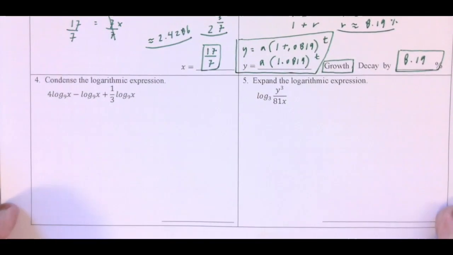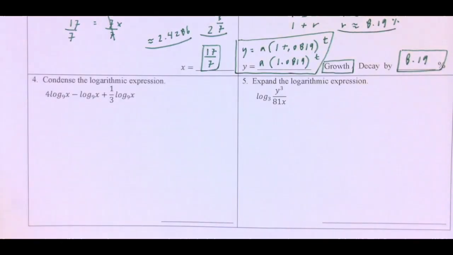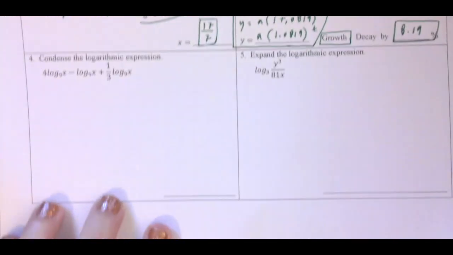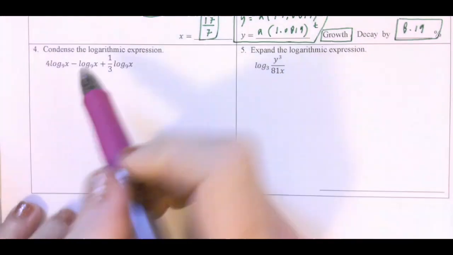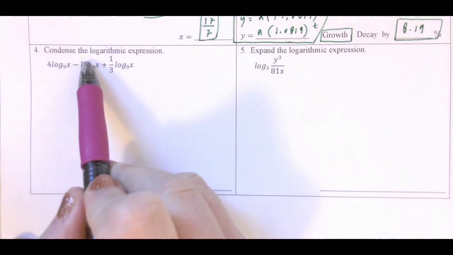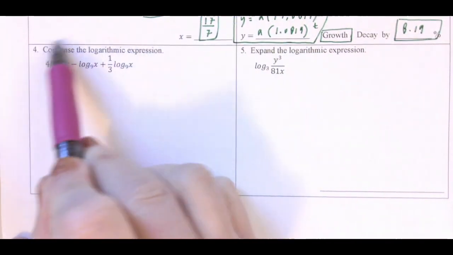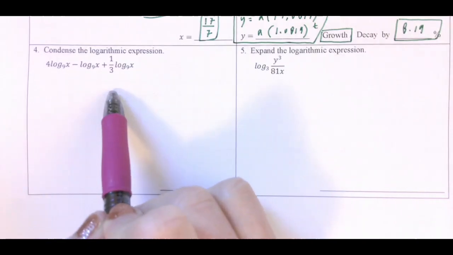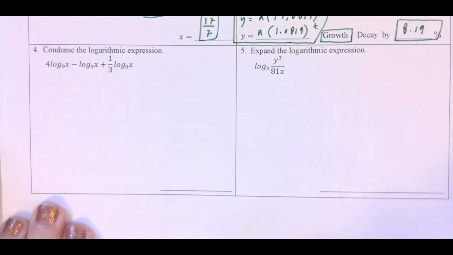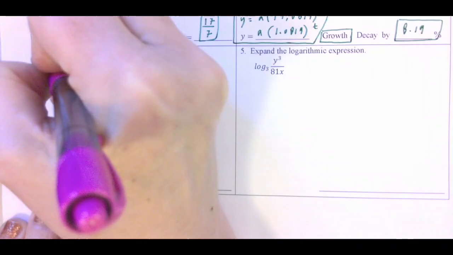All right, next we are doing condensing and expanding of logarithmic expressions. Okay, so condense, that means that ultimately I want to take these separate terms and pack them into one. So the first thing that I see to do is to move the 4 back into the exponent position.